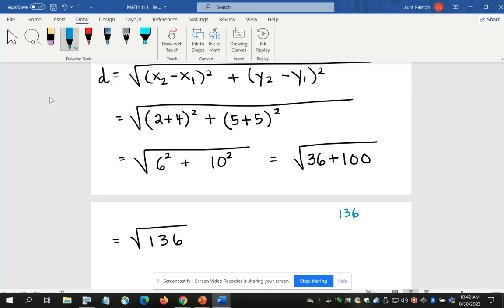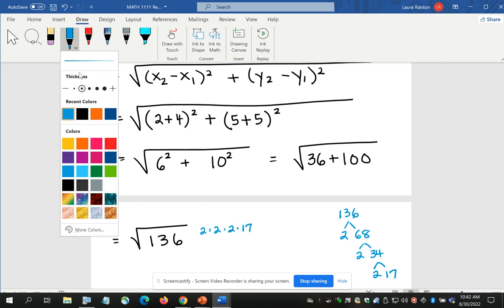So 136 would be, let's see, 2 times 68. 68 is 2 times 34, and 34 is 2 times 17. So I have 2 times 2 times 2 times 17.